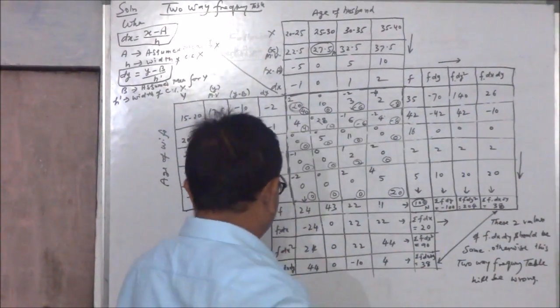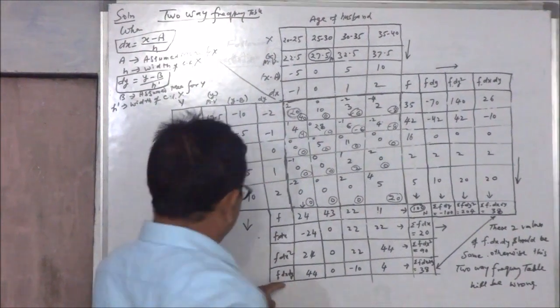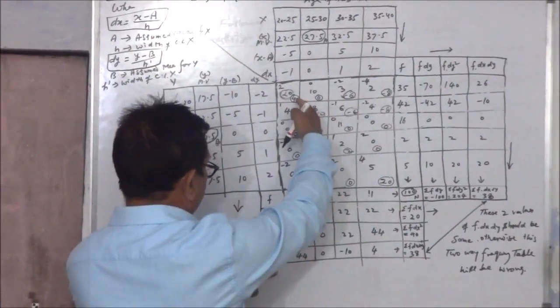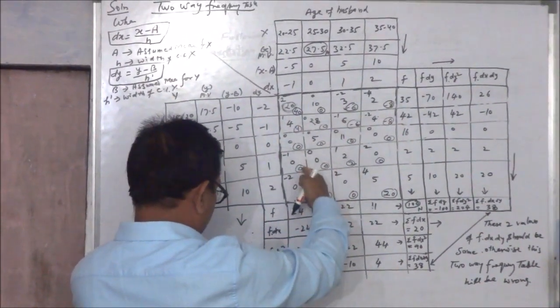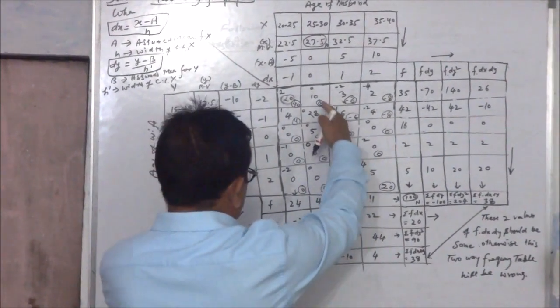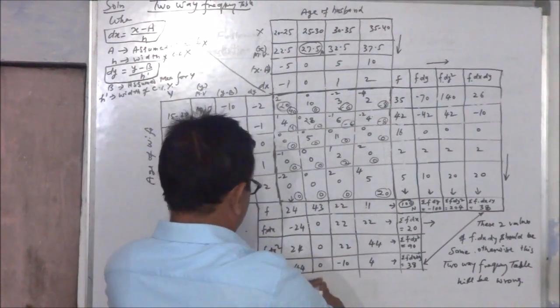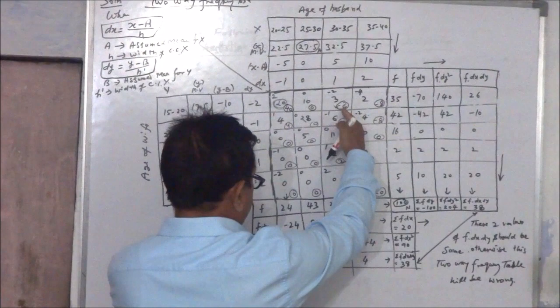Now we calculate f into dx dy for this case. How will you find this one? It is very simple. Add all the values along the columns. 40 plus 4 plus 0 plus 0 plus 0, you get 44. Similarly, 0 plus 0 plus 0 plus 0 plus 0 equal to 0. Again, add all the values of f dx dy.